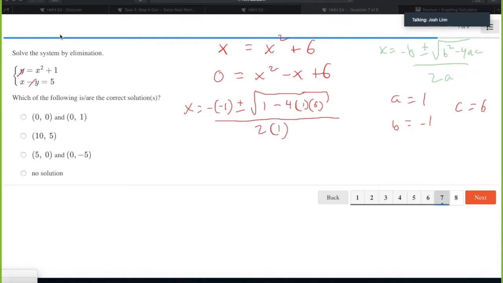Okay, so if we simplify all that, we've got 1 plus or minus the square root of 1 minus, what is that, 4 times 6, which is 24, all over 2, which equals 1 plus or minus square root of -23, all over 2.